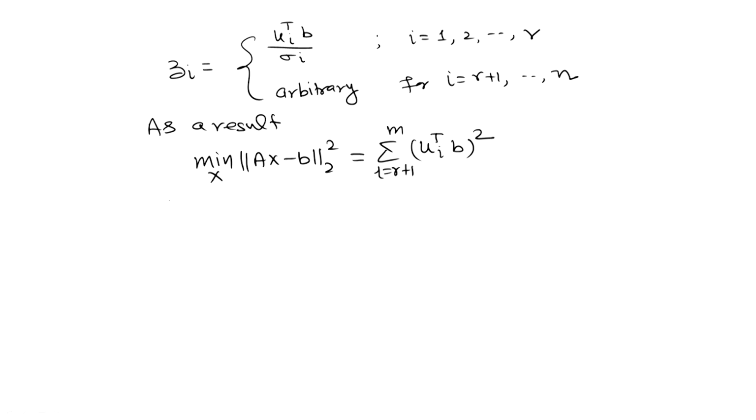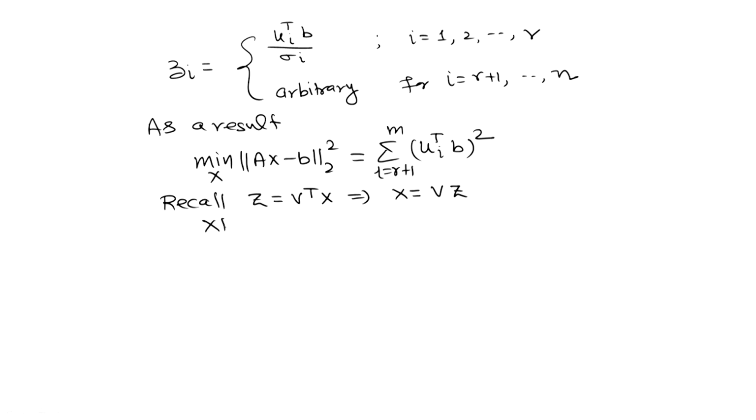Also, recall z equals V transpose x. So, from here I can write x equals V into z, because V is an orthogonal matrix.